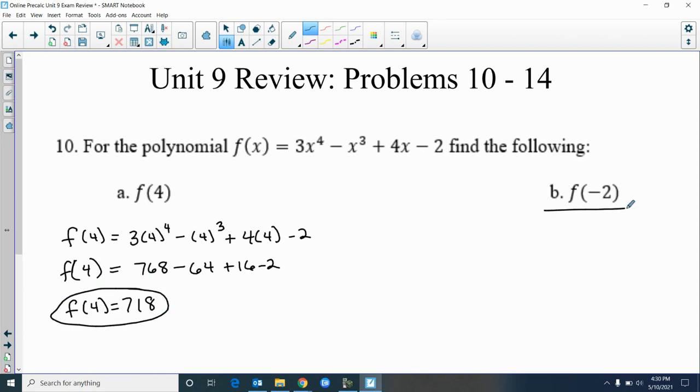F of negative 2. Let me just put that one over here. You just got to be careful when you plug in a negative, when you're squaring it or cubing it, especially when you just plug it in your calculator. So that's 3 times negative 2 to the fourth power minus negative 2 cubed plus 4 times negative 2 minus 2.